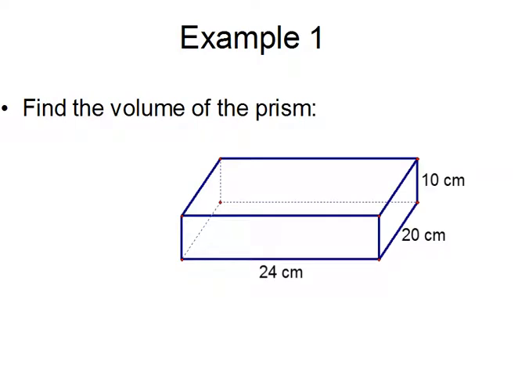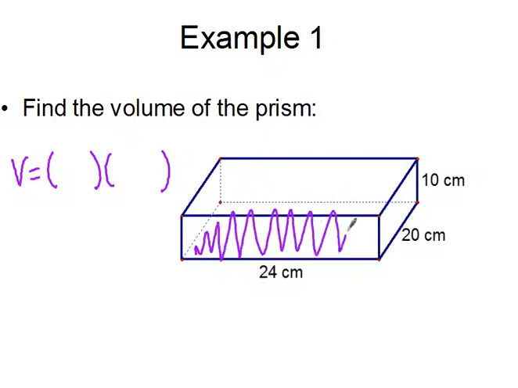Alright, so like this one, it's a rectangular prism. So we need the area of the base times the height. It depends on what you call the base on a rectangular prism. I'm going to call this side the base. Okay? So with this, we do 20 times 24 because it's a rectangle, so it's base times height.